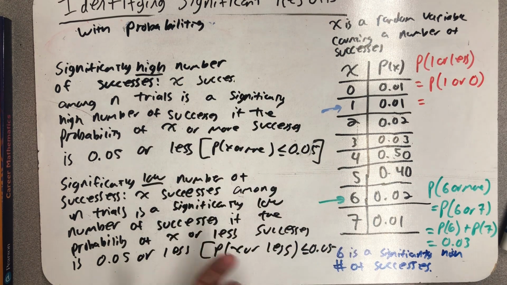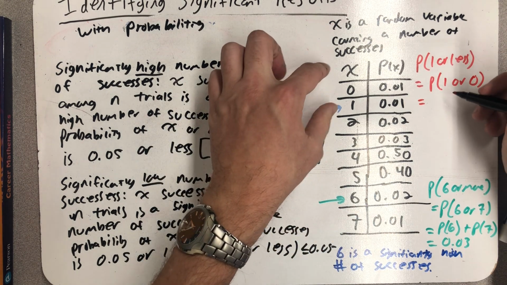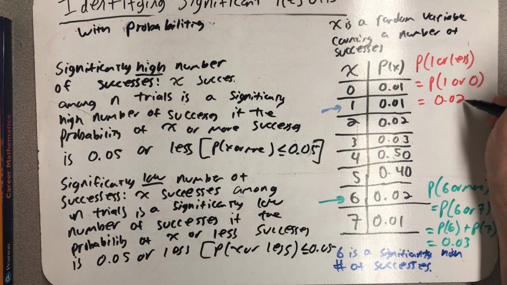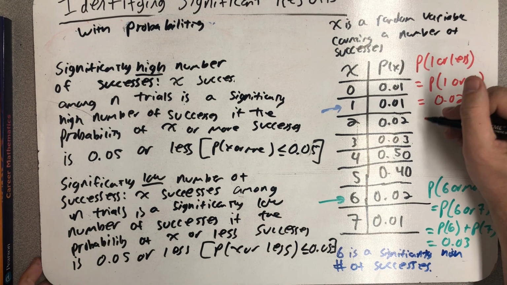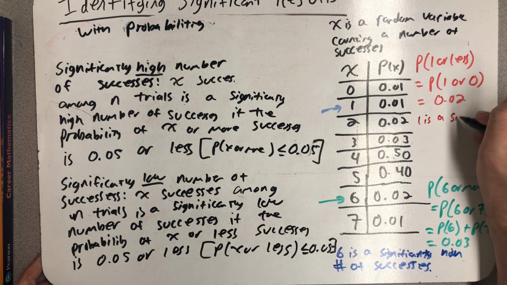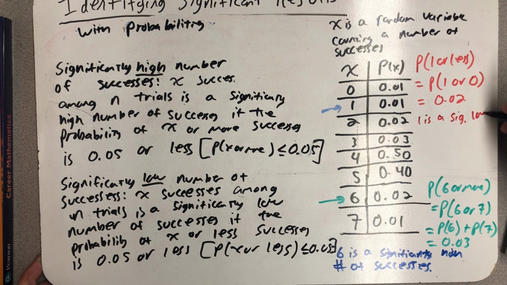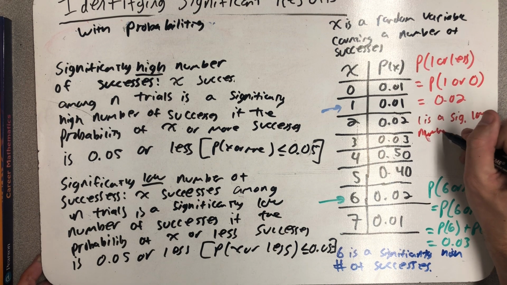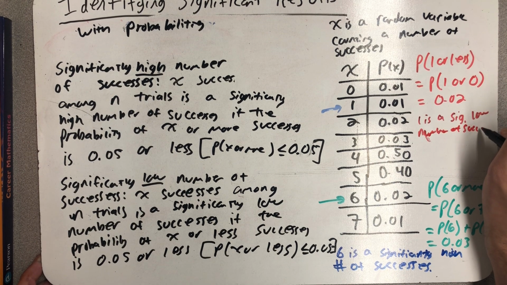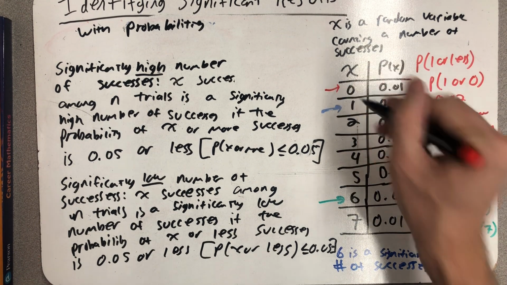So again, using the addition rule, I just get 0.02, which is less than 0.05, which does in fact mean 1 is a significantly low number of successes. Well, that tells me 0 is too.